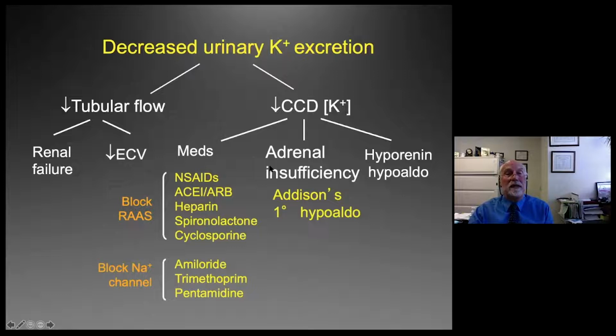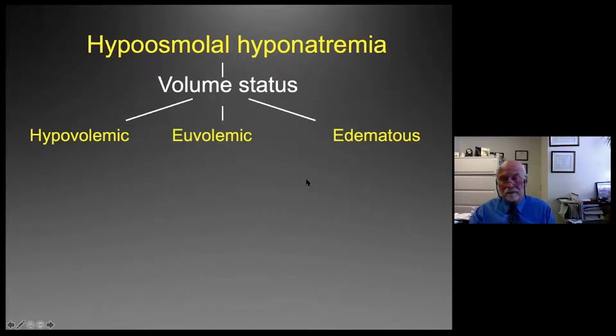I showed you this slide previously, so where does this person fall? He falls here, in the setting of adrenal insufficiency, so Addison's disease or primary hypoaldosteronism. Pretty unusual to present in an otherwise healthy person, but for the purposes of instruction, I think it's a useful clinical scenario to go through.